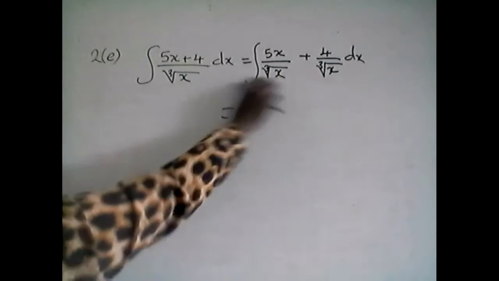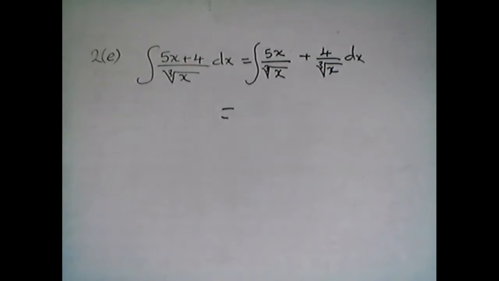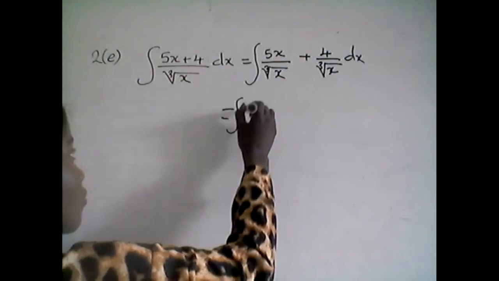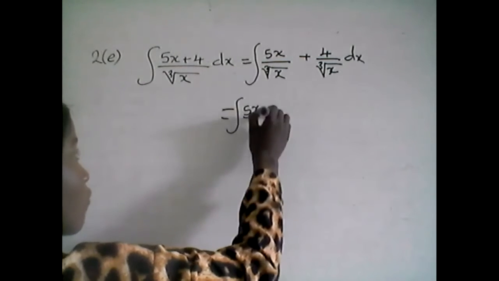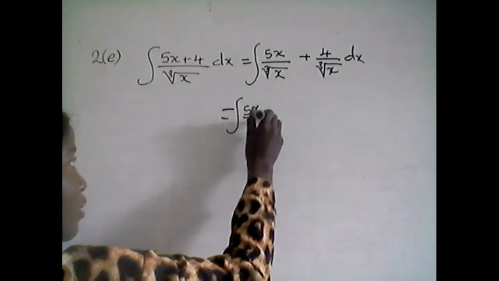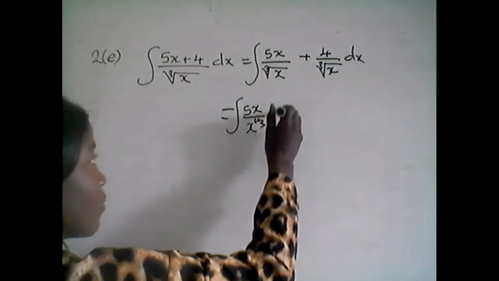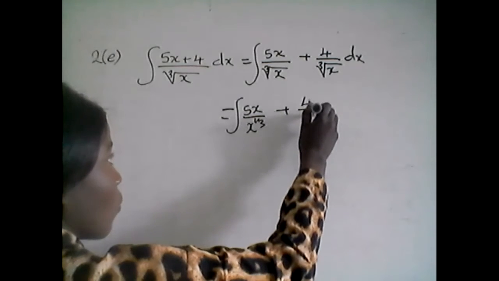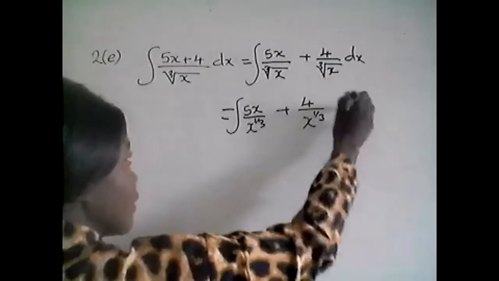This is just the same as that. Next we do some simplifications. So 5x over this part is x to the power 1 over 3 plus 4 over x to the 1 over 3 dx.